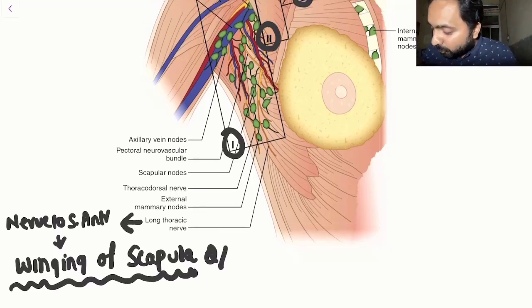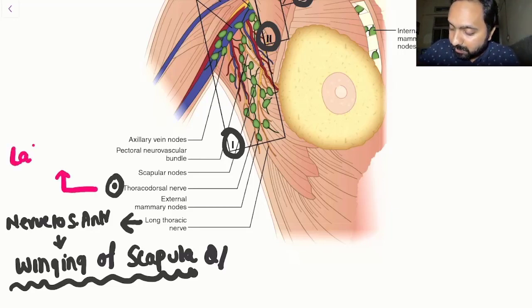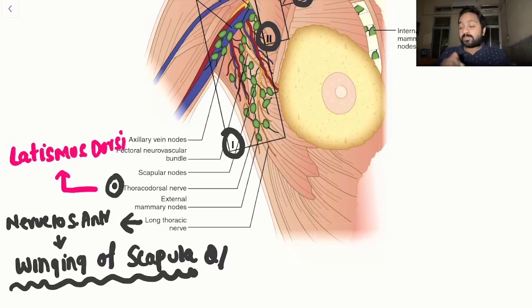Then another important nerve over here which has the chance of getting injured during your axillary dissection is your thoracodorsal nerve. Now, what is this thoracodorsal nerve supplying to? They are supplying to your latissimus dorsi, right? So there could be injury to your latissimus dorsi muscle. And what are the functions of your latissimus dorsi?